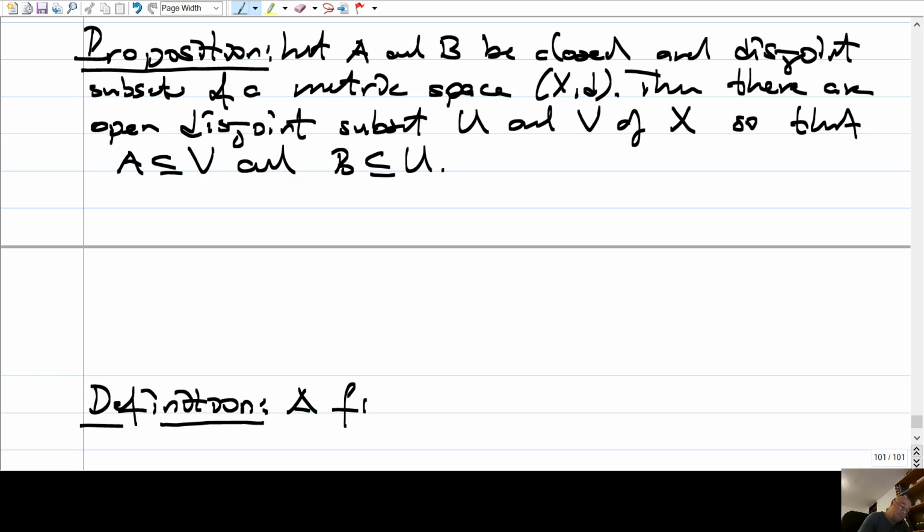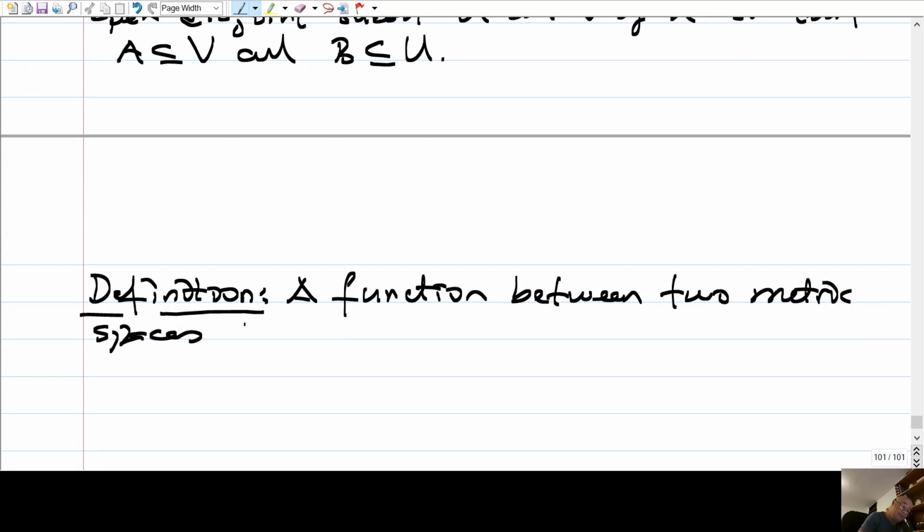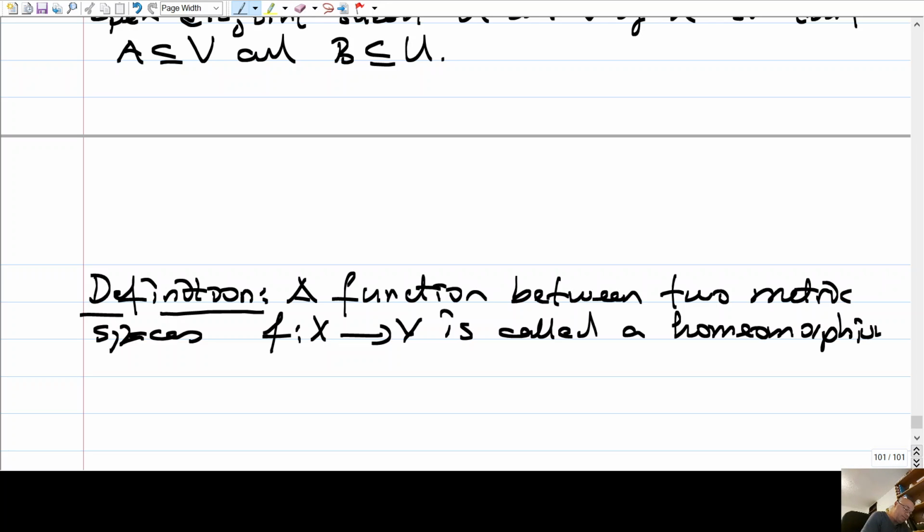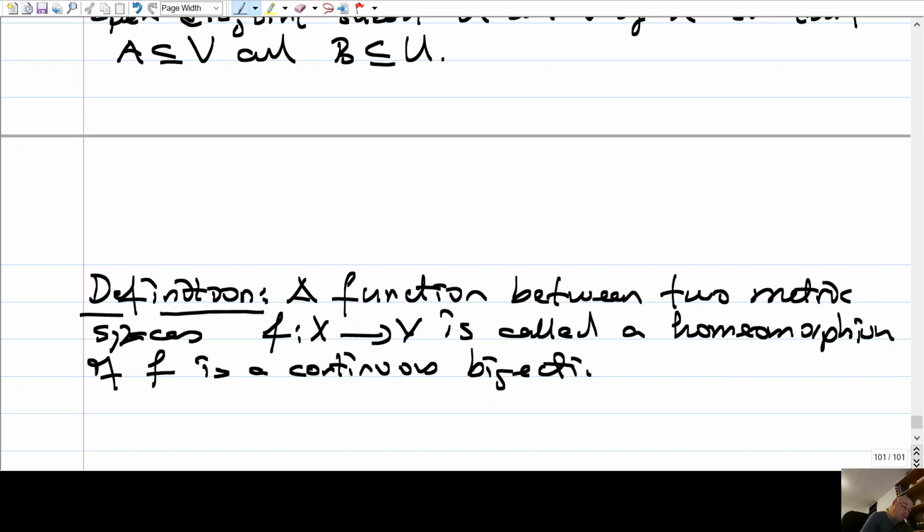A function between two metric spaces, let's write f from X to Y, X and Y are metric spaces, is called a homeomorphism if f is a continuous bijection, so it is one-to-one, onto, continuous with continuous inverse.